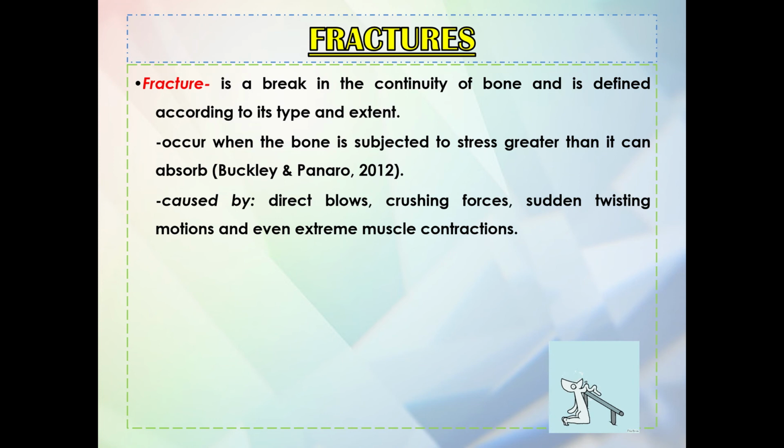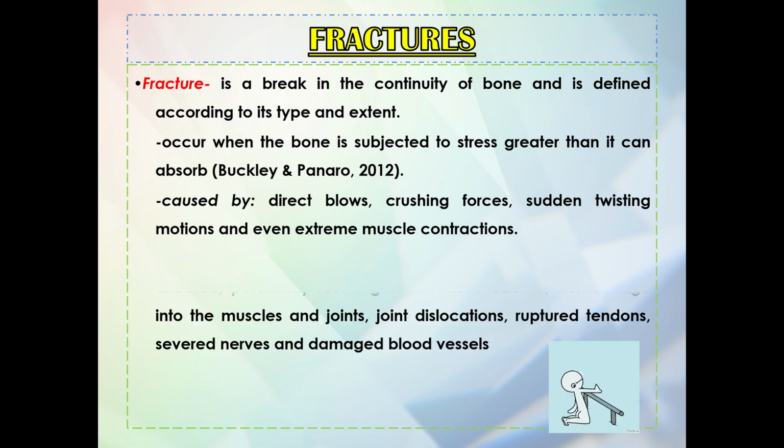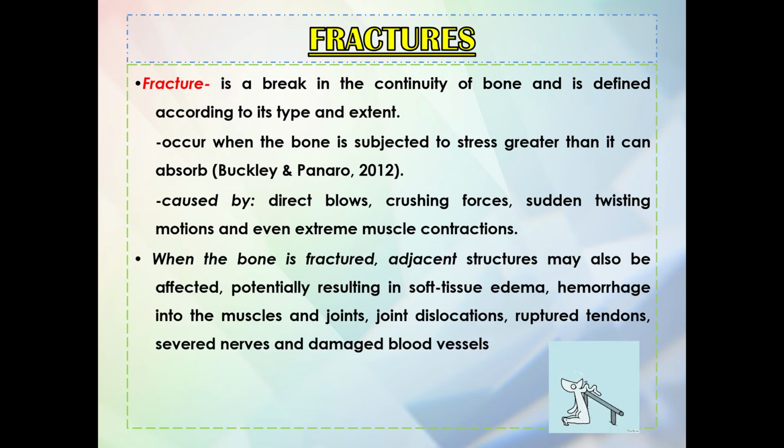Now, it is caused by direct blows, crushing forces, sudden twisting motions, and even extreme muscle contractions. Now, when the bone is fractured, the adjacent structures may also be affected, potentially resulting in soft tissue edema, hemorrhage into the muscles and joints, joint dislocations, ruptured tendons, severed nerves, and damaged blood vessels.